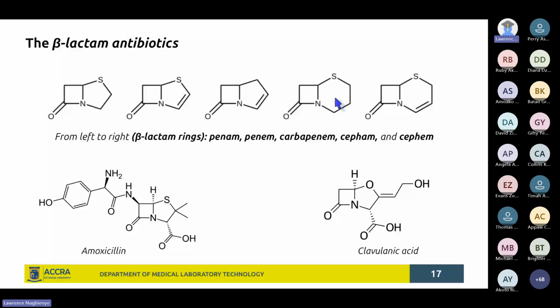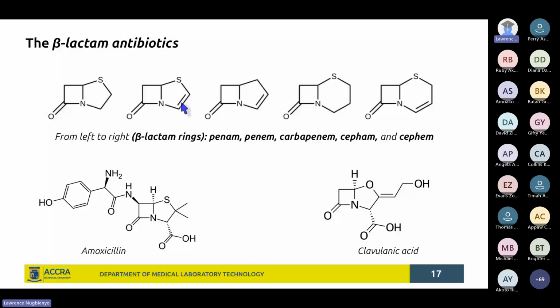So you have this four-sided ring, which is having this ketone group there. That's a lactam. And you have different types of it, so that you have this having a five-sided ring fused with sulfur there. But if you look at this and this as if they are the same, but they are not, because you have a double bond there, which is not in this.